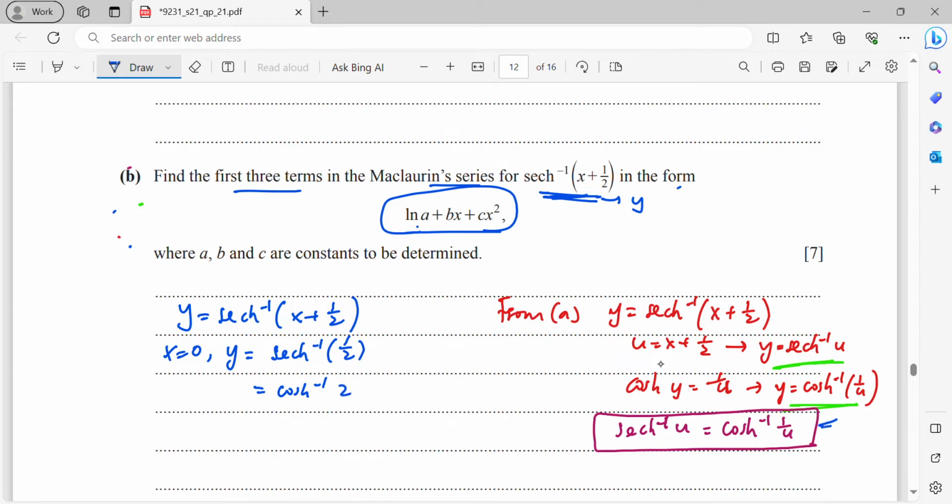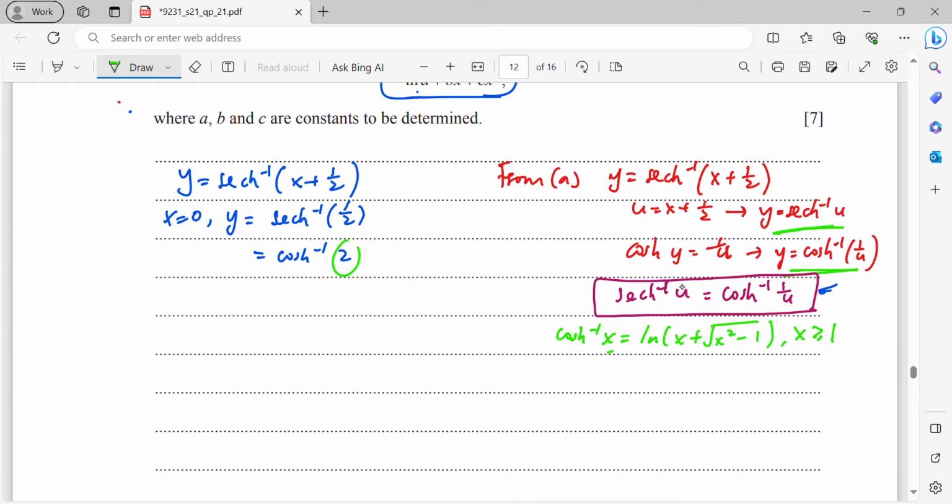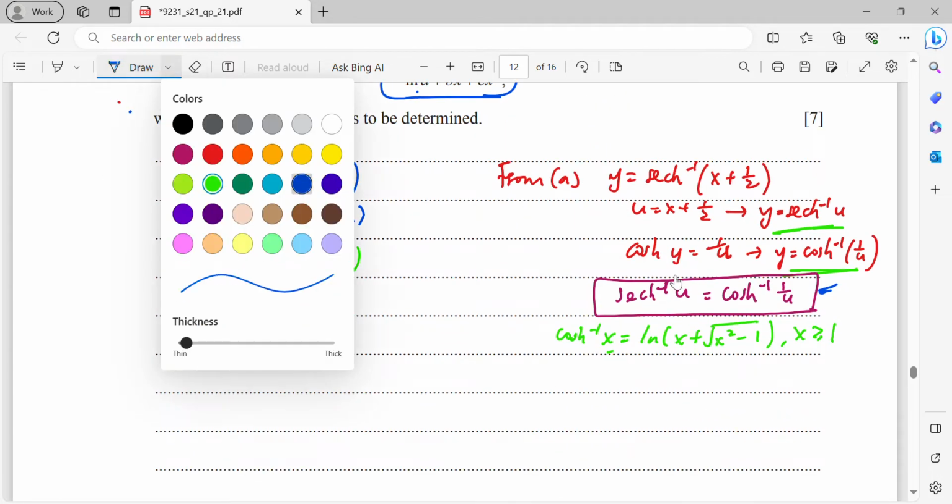Based on this, from the formula list, you are given inverse hyperbolic cos x is ln of x plus square root of x squared minus 1, whereby x is at least 1. So by referring to this expression in the formula list, now my x is 2. That means I can use this formula and get my answer in ln.